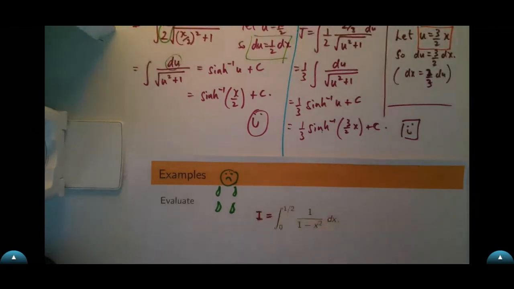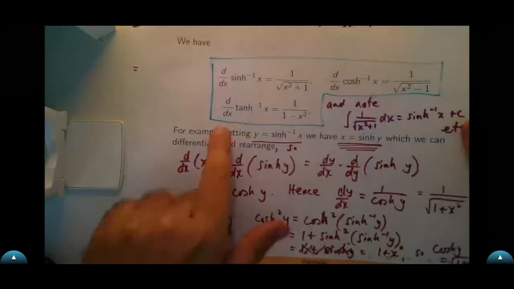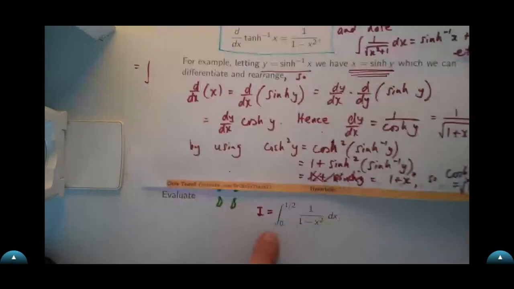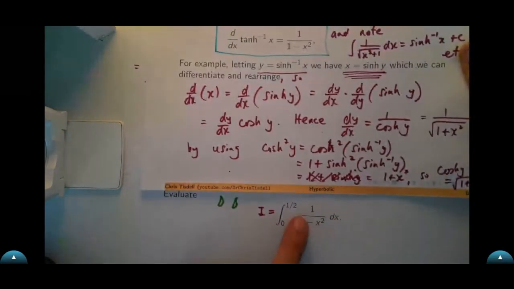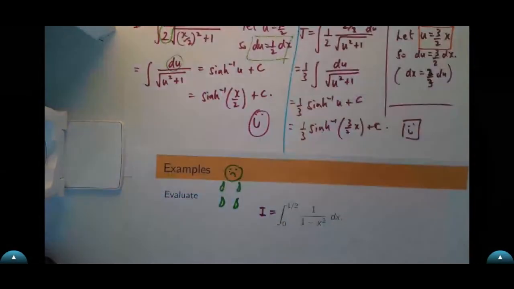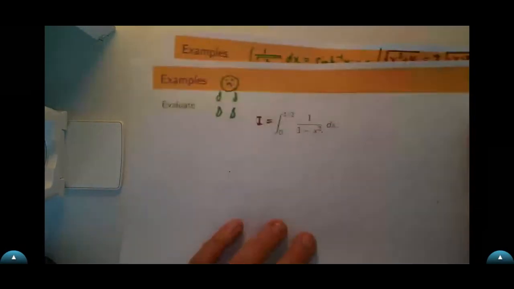So let's call this I for integral. This is a definite integral. And we know from over here, the derivative of inverse hyperbolic tan is this, and that's pretty much the same. So if I integrate this, I'll get inverse hyperbolic tan. Let me know if you need more time, Carl.